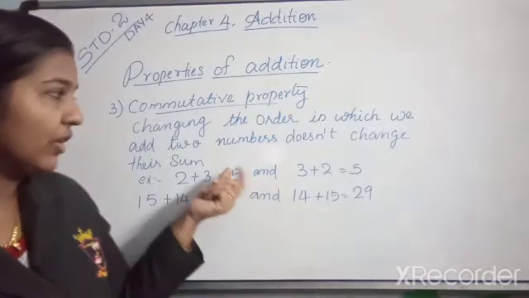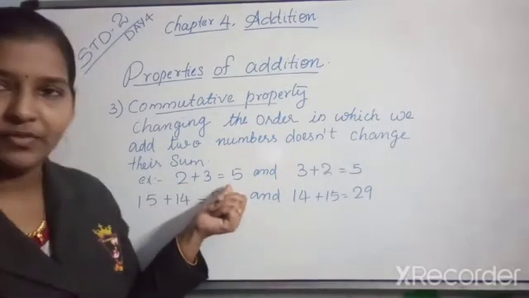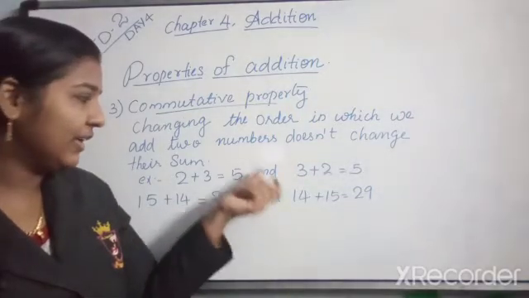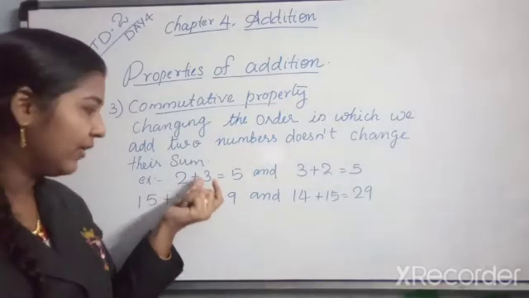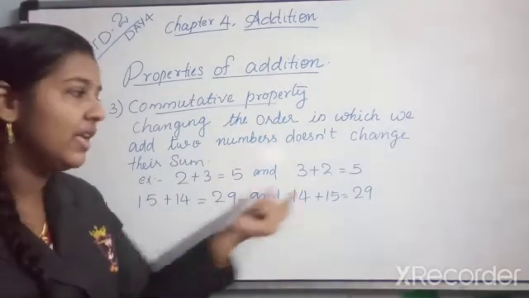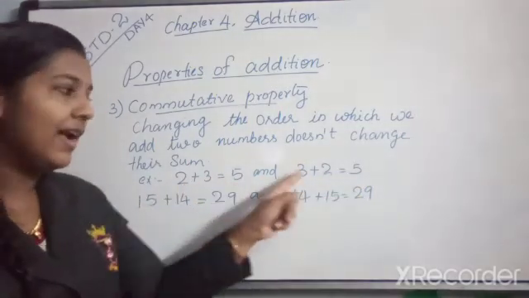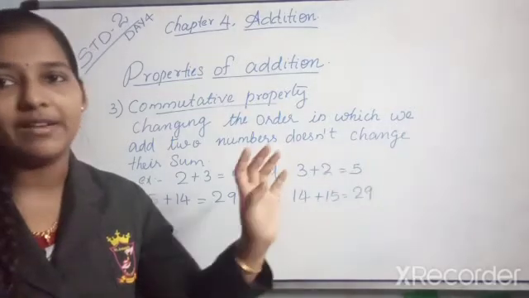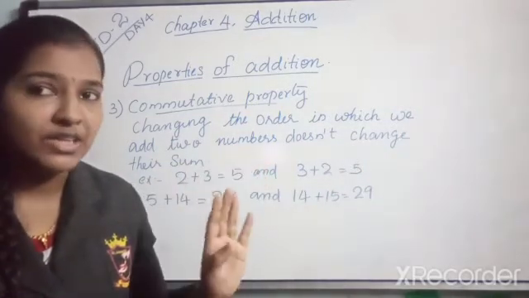So, for example, look at this question. 2 plus 3 is equal to 5, isn't it? And if we are changing the position of 3 and 2, if I write the 3 in the first position and 2 in the second position, the answer will be the same. Here 2 plus 3 is 5 and 3 plus 2 is also 5. So in addition, if the order is changed, the answer will not change.